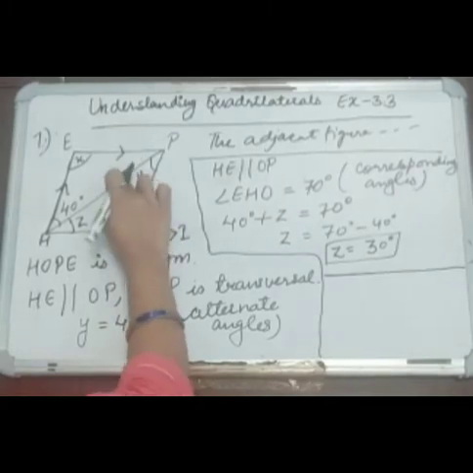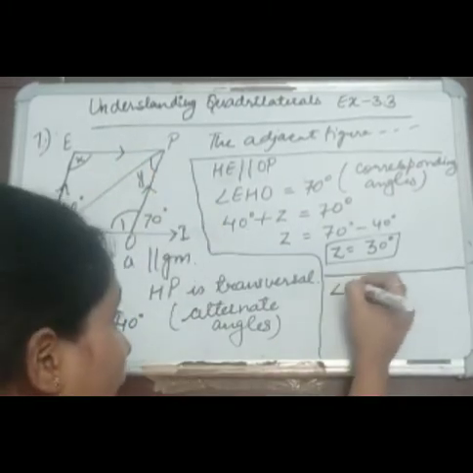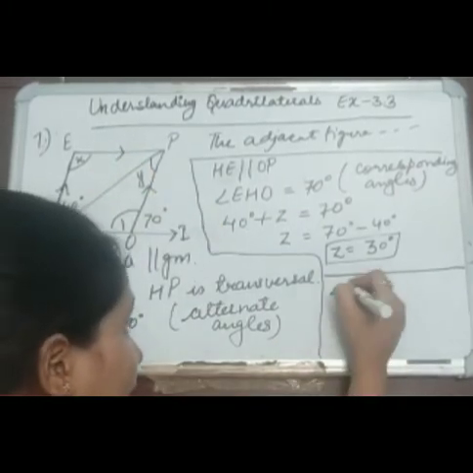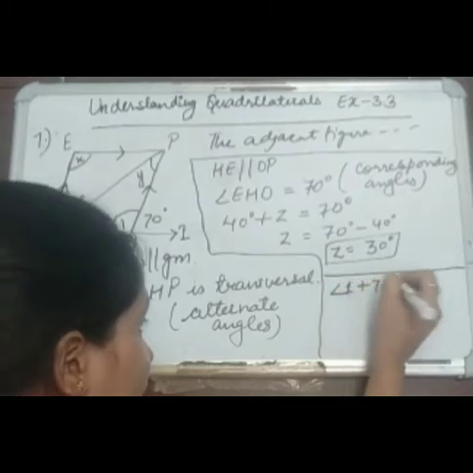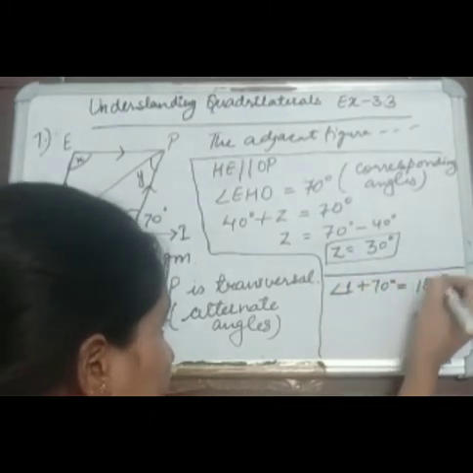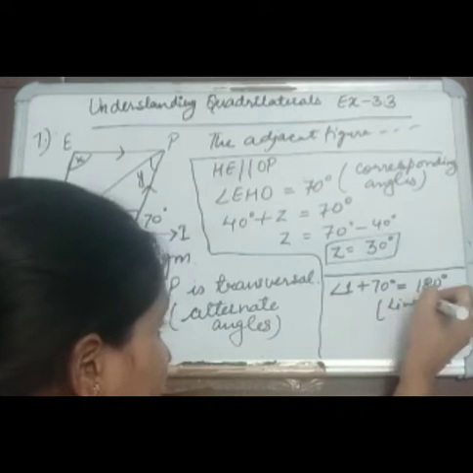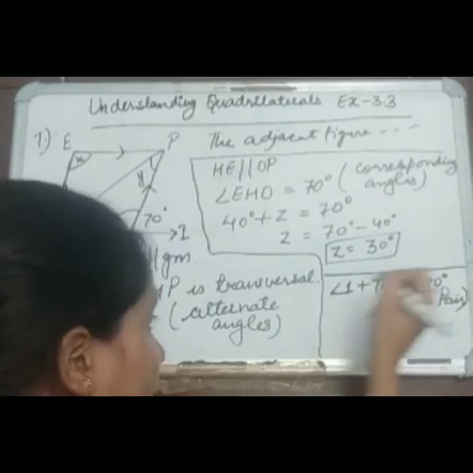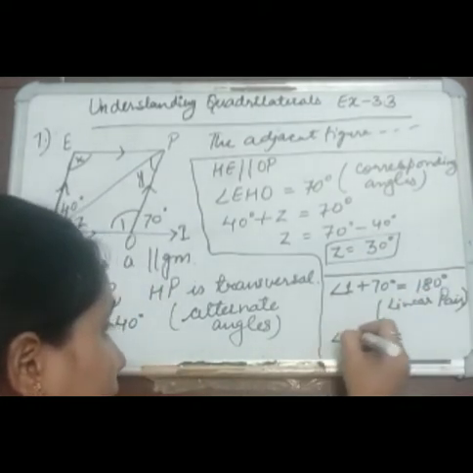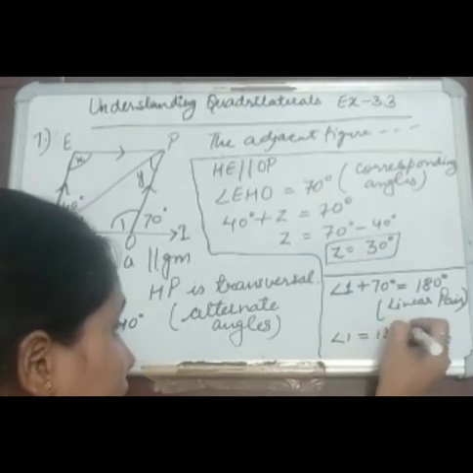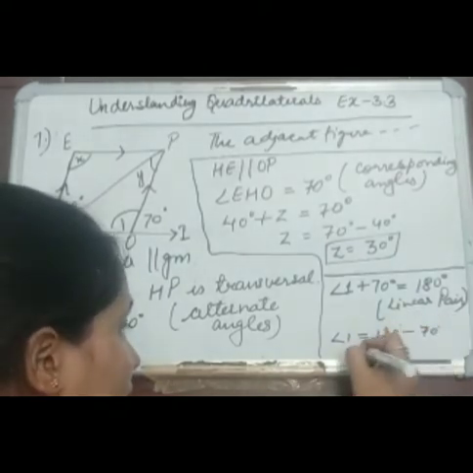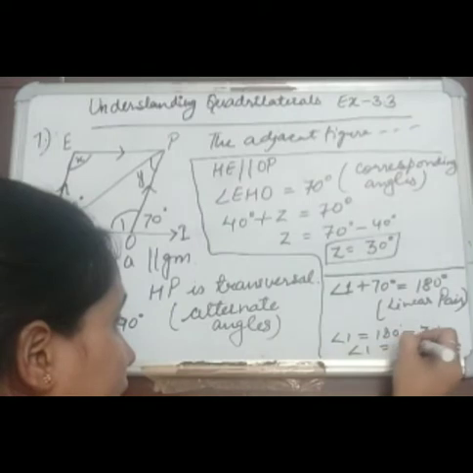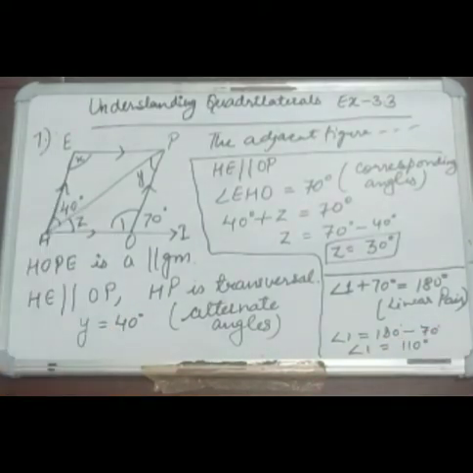Name it 1. So angle 1 plus 70 is equal to 180 by linear pair. So angle 1 is equal to 180 minus 70. So angle 1 is 110 degree. Got?